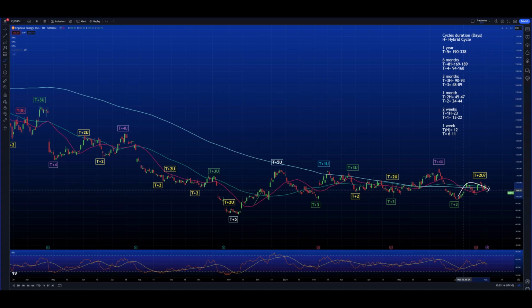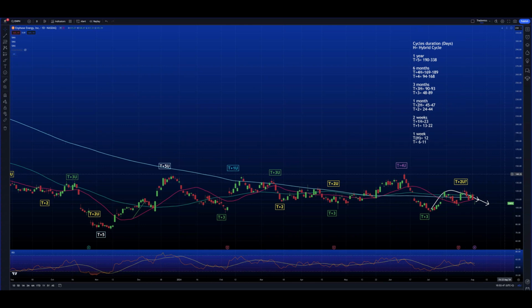So what it might happen here is that we can complete a T plus 2 because now we have reached a total duration of 22 bars out of 24. And therefore, we are about to close at T plus 2, but we haven't reached the minimum duration. Therefore, the expectation is that we might go lower.